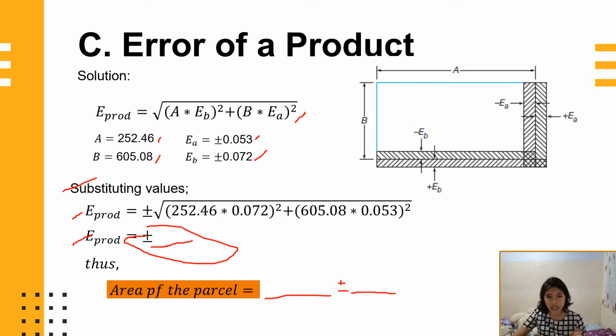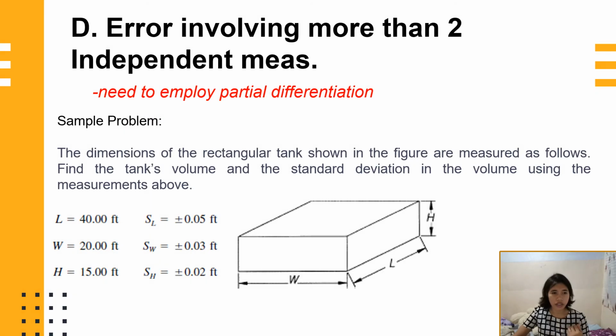So I have another example to show you how we can solve problems dealing with more than two or three variables. This is an example of error involving more than two independent measurements.